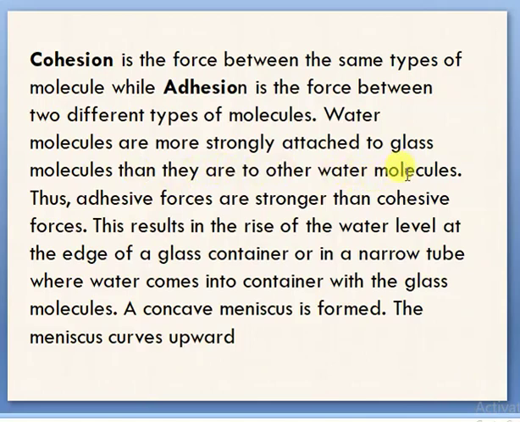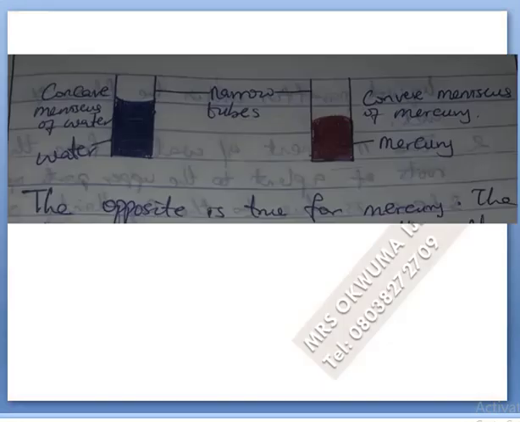You find that water tends to cling to the walls of the glass, and that is why water forms a concave meniscus, because it has the ability to cling to the walls of the container. So the adhesive force is greater in water.